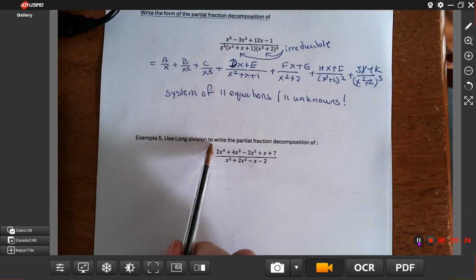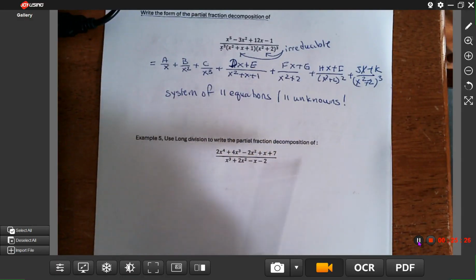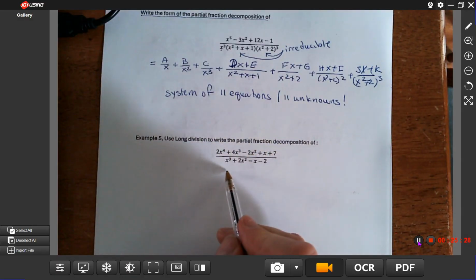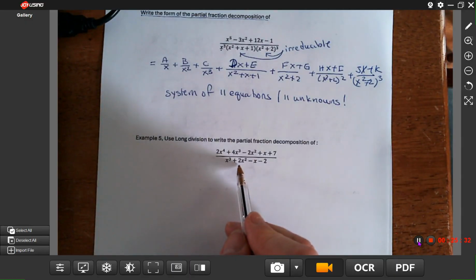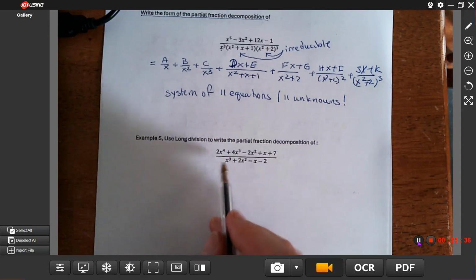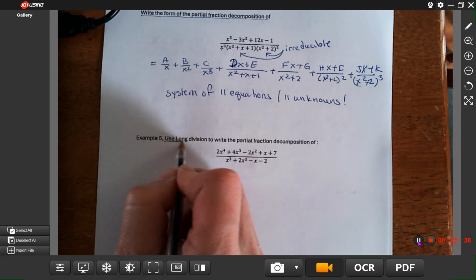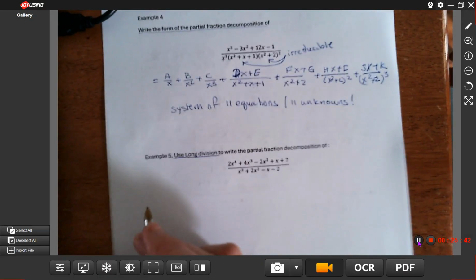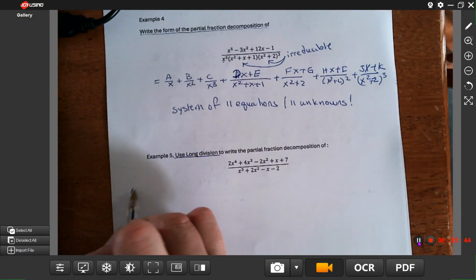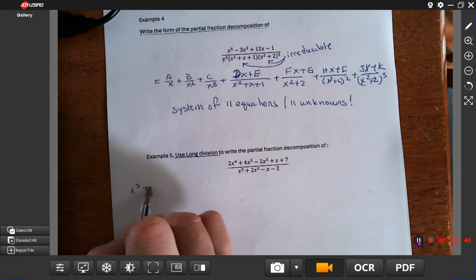So this example says use long division to write the partial fraction decomposition of. So here's the thing. This is not easily factorable. So we're just going to dive right in and do what the directions say, which are to use long division. So I'm going to dive in and do long division.